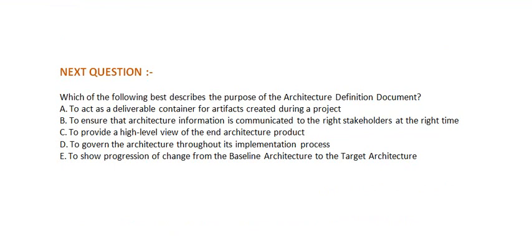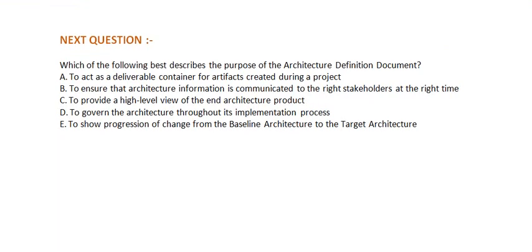Next question is, which of the following best describes the purpose of the architecture definition document? Option A, to act as a deliverable container for artifacts created during a project. Option B, to ensure that architecture information is communicated to the right stakeholders at the right time.